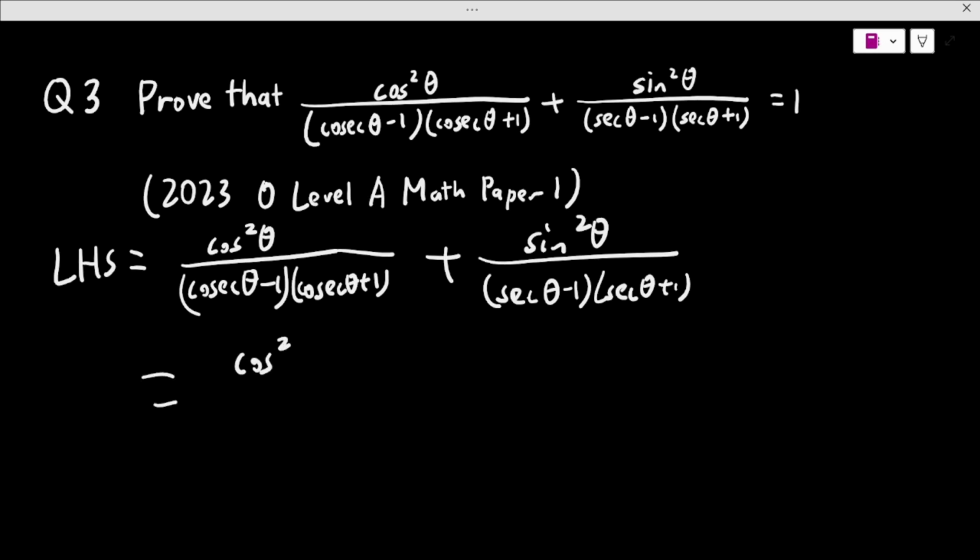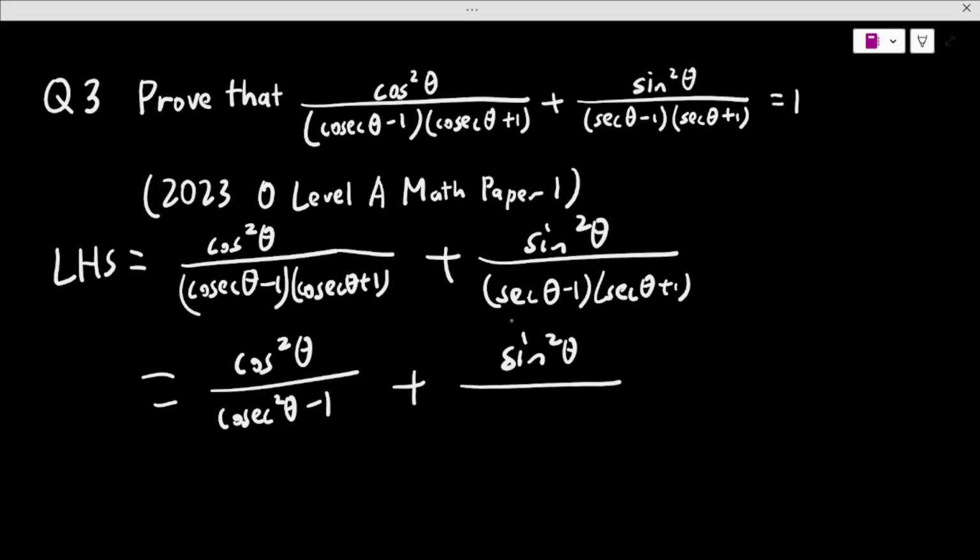So it's going to be cosine square of theta over cosecant square of theta minus 1. Similarly, we have sine square of theta over secant theta minus 1, secant theta plus 1, so it's going to be secant square theta minus 1. Alright, now what do we do?